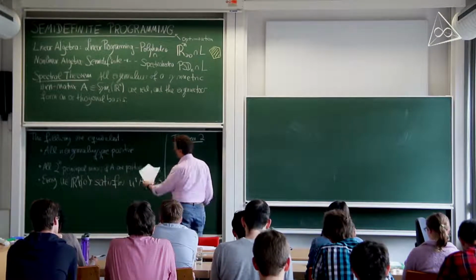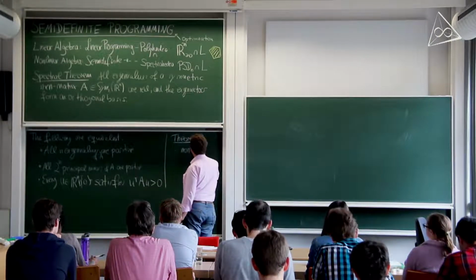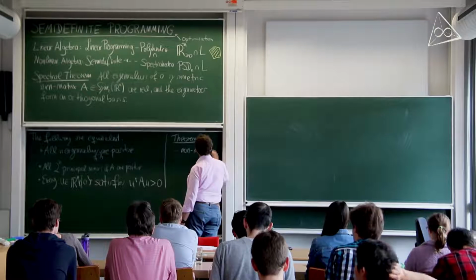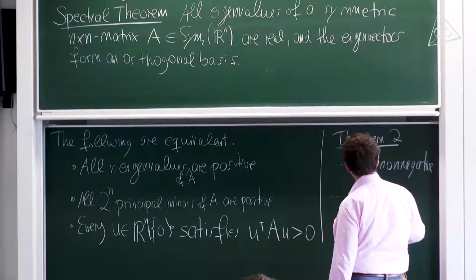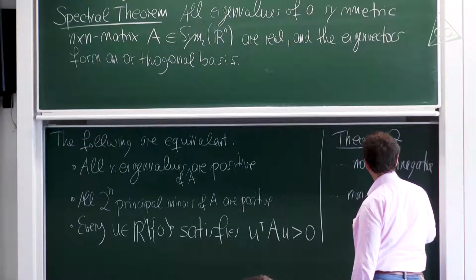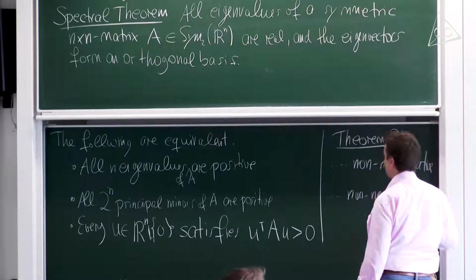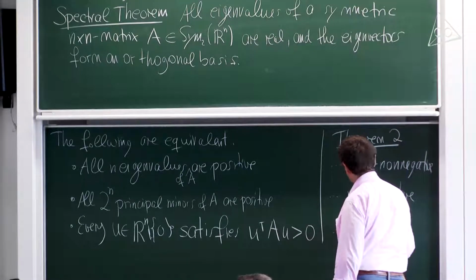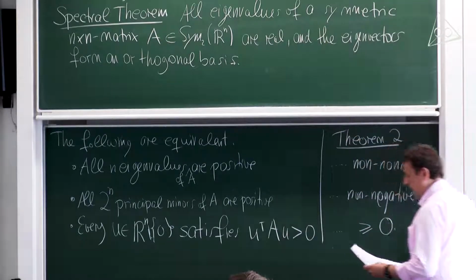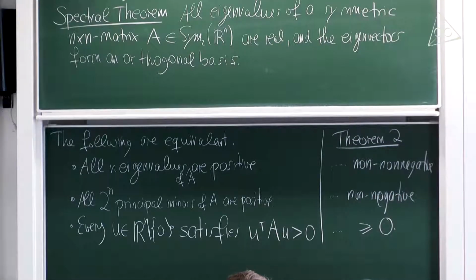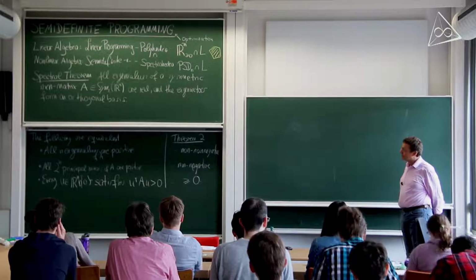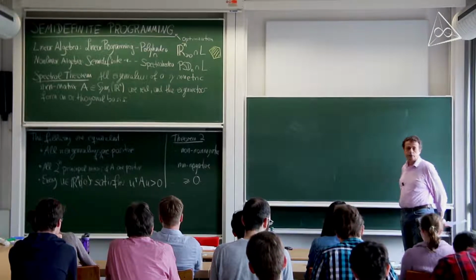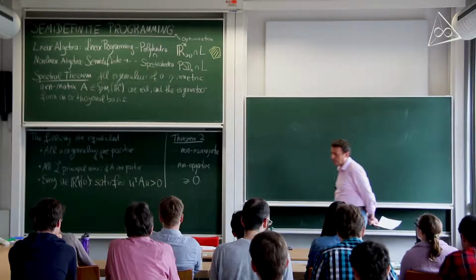I can replace the word positive by non-negative, and it's still equivalent, and here I can replace by greater or equal 0. A matrix is called positive definite if the three equivalent conditions on the left-hand side are satisfied. A matrix is called positive semi-definite if the three conditions on the right-hand side are satisfied.